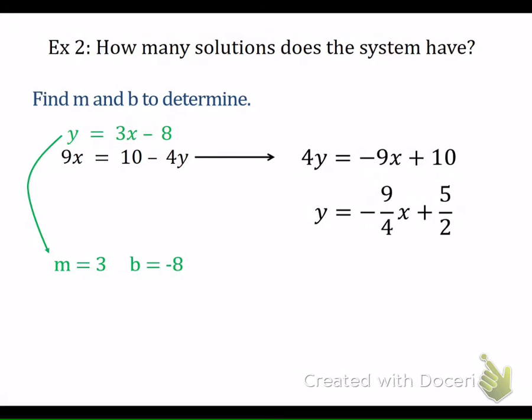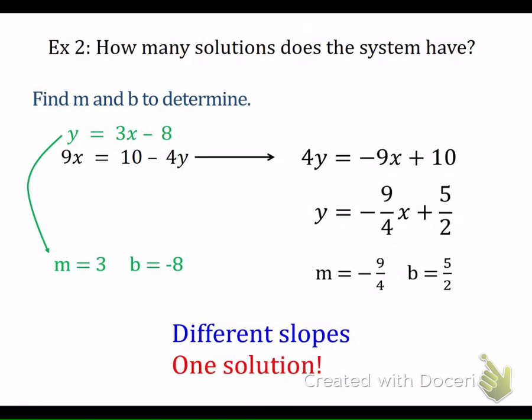You should know how to do this by now to go back and forth between different forms of an equation. All right, now what's the slope? Negative 9 over 4. And what's the b? 5 over 2. Good. So if I graphed these, how many solutions would I have? One solution, and it would be an ordered pair.